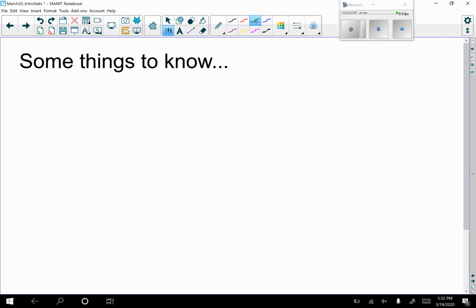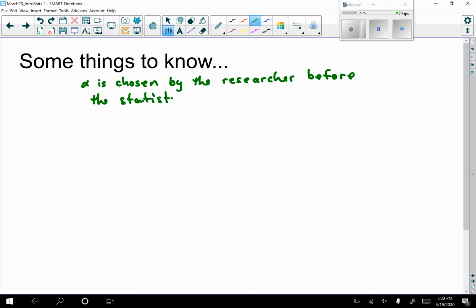I've mentioned this before, but just to reemphasize, alpha is chosen by the researcher before any statistical test is conducted. Remember, you're just testing your hypothesis.